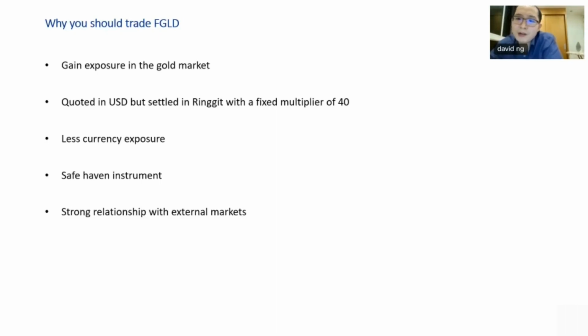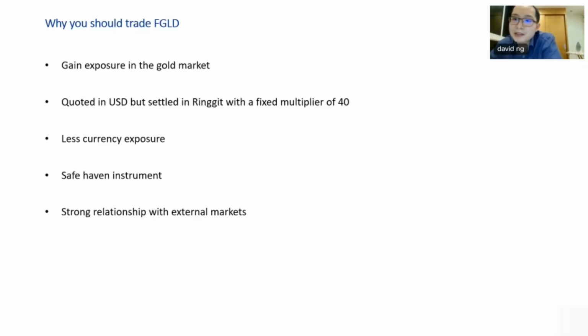So I think it's a very good place to start if you want to gain exposure in the gold market, with the FGLD contract. Whether the role of gold as a safe haven instrument remains to be seen, but historically, in times of trouble and crisis, that's normally a good time to be looking at the gold market.